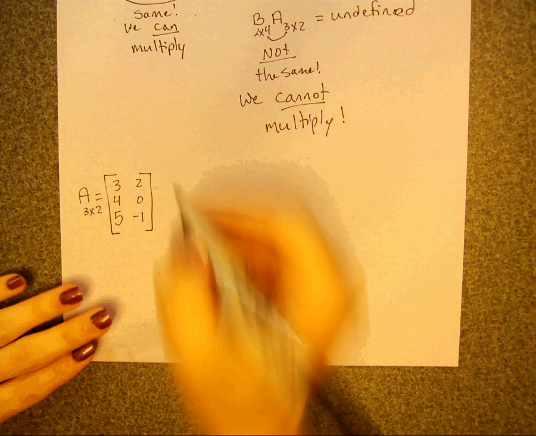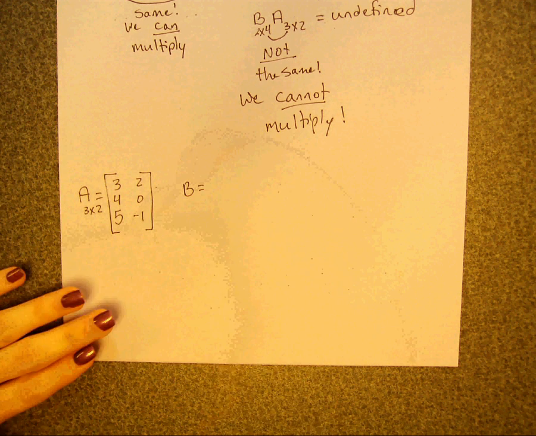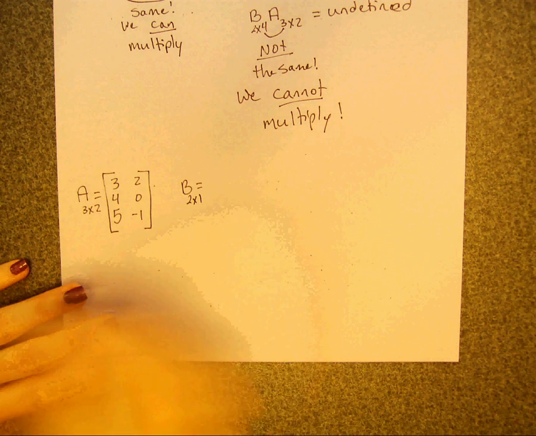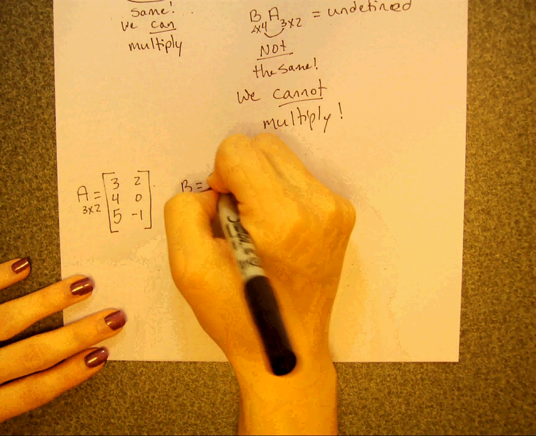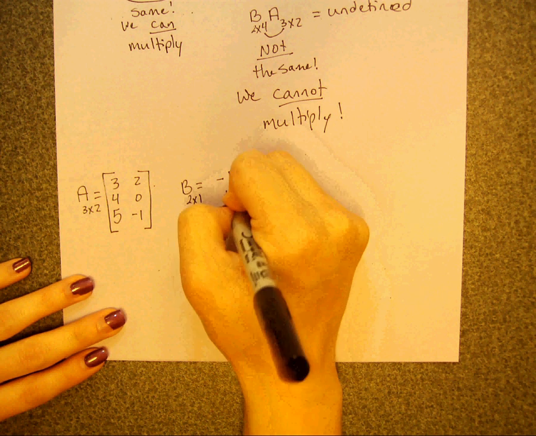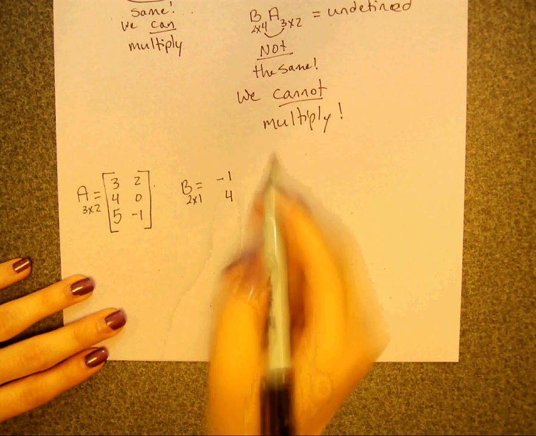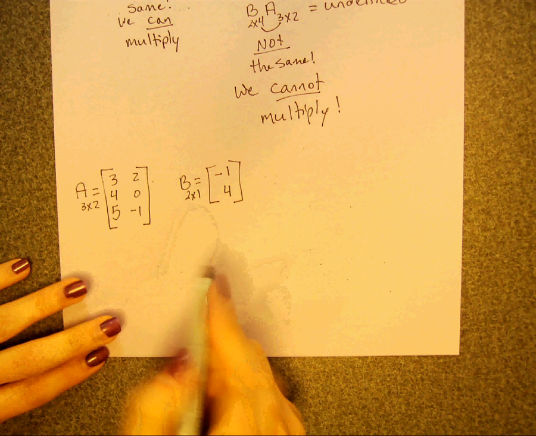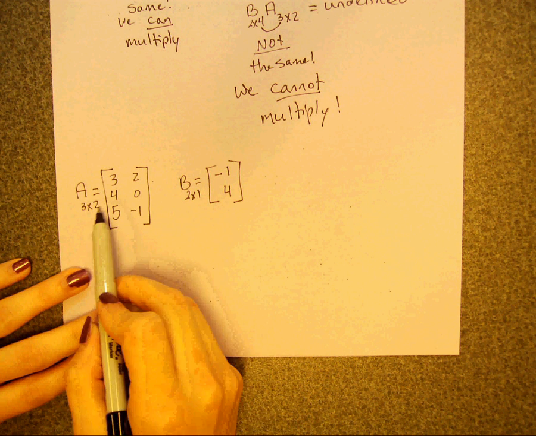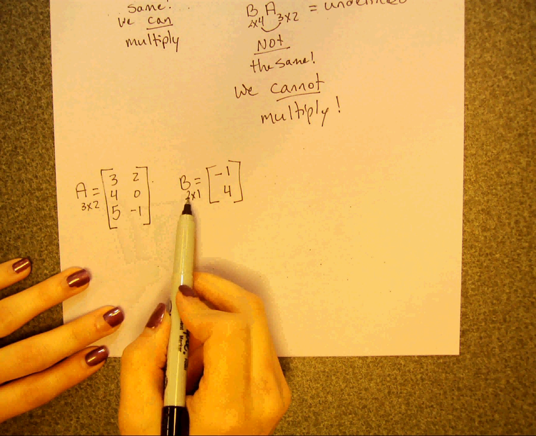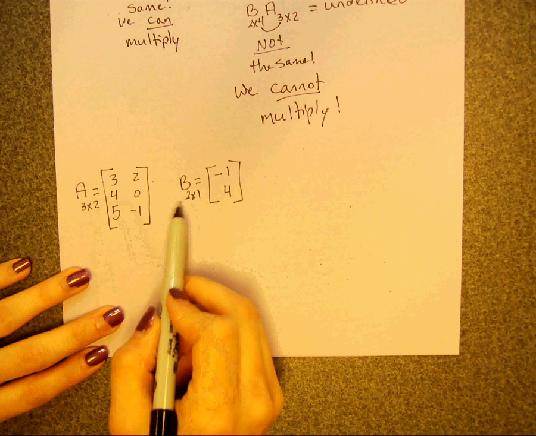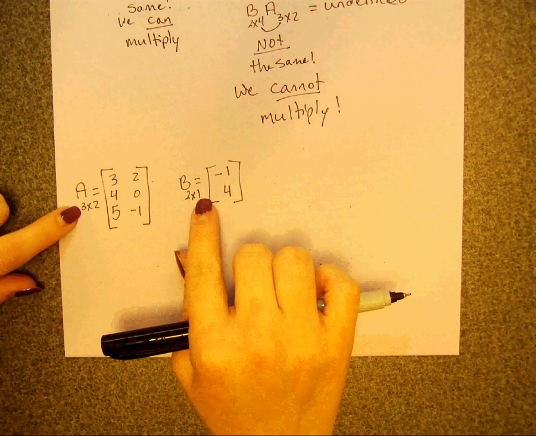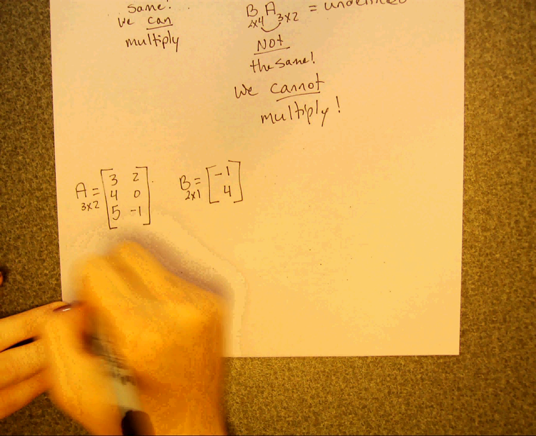And let's say B is, let's start off simple, just a 2 by 1. So I have 2 rows and 1 column. So I want to multiply my matrix A times my matrix B. If you notice, the inside dimensions are the same. This is a 2, this is a 2. So I'm going to multiply them together, and I should get a 3 by 1 matrix. So A times B.